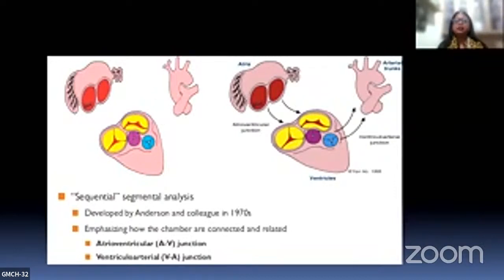Now later on in 1970s, Anderson and colleagues came up that we should tell about the anomalies of the junctions, that is how the chambers are connected and related. So the atrioventricular junction anomalies and as well the ventriculo-arterial junction anomalies.